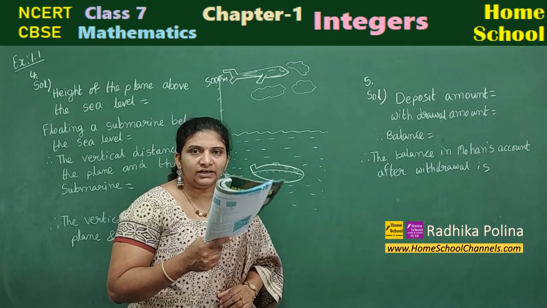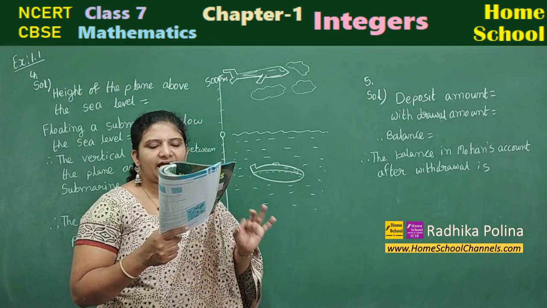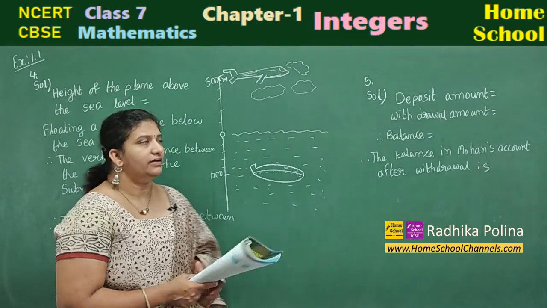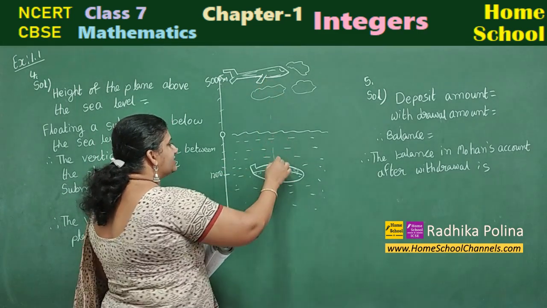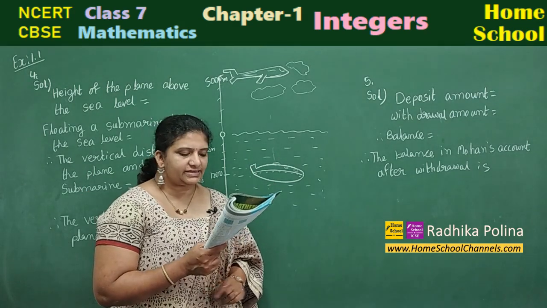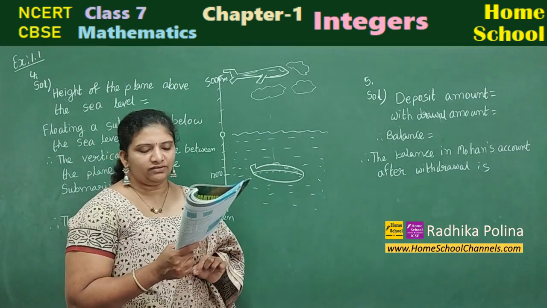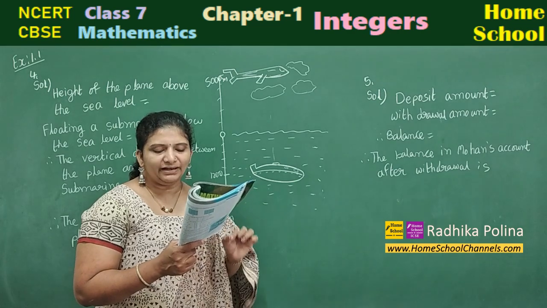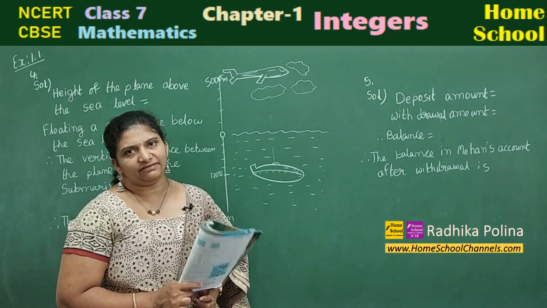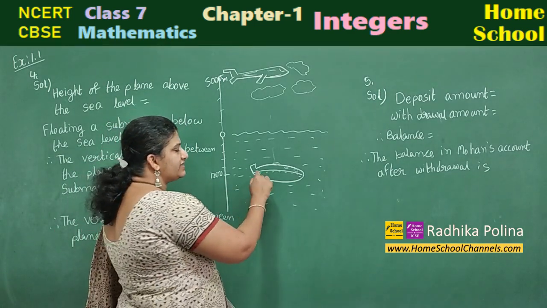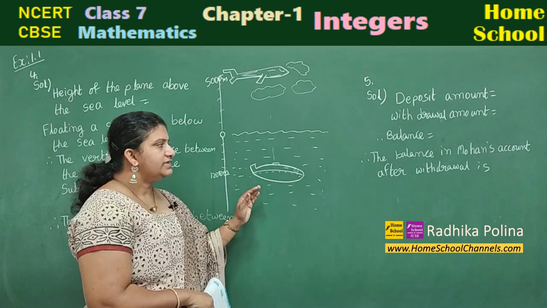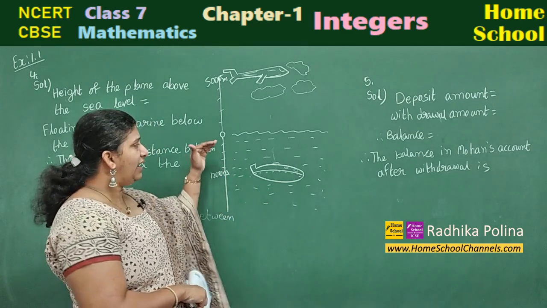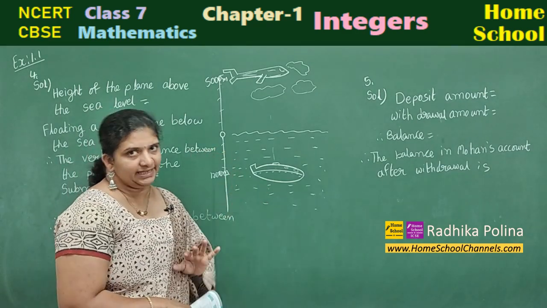At a particular point, it is exactly above a submarine floating 1200 meters below the sea level. Where is the submarine? The submarine is also floating below the sea level, 1200 meters below the sea level.